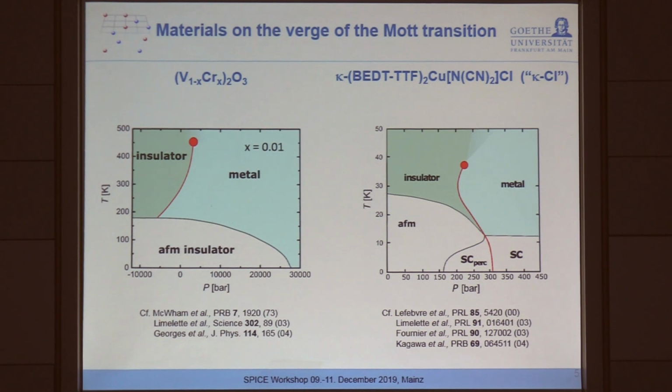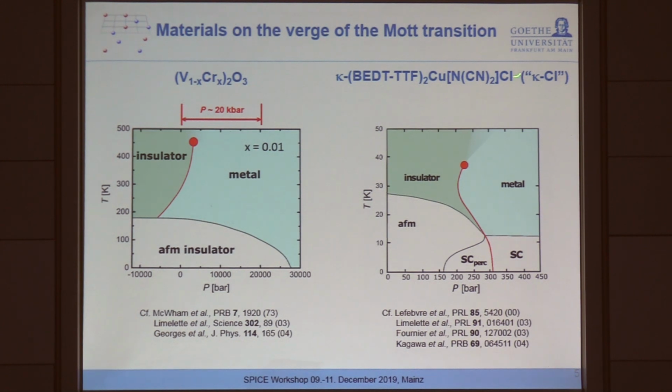I show you here an example, a 1% doped representative. You see here a first-order Mott metal-insulator transition which terminates in a second-order critical endpoint at around 450 Kelvin. And typical pressure scales in this system are kilobars, tens of kilobars.